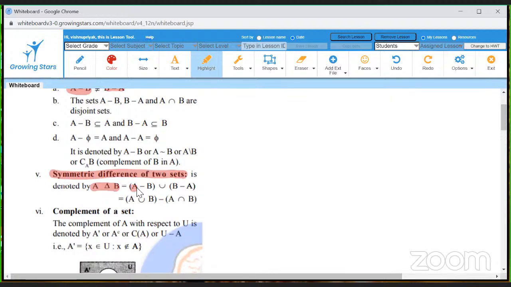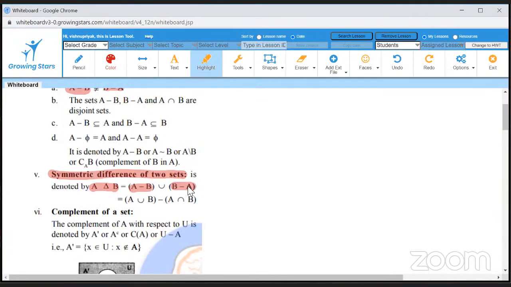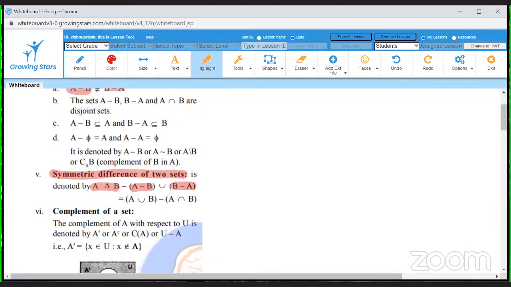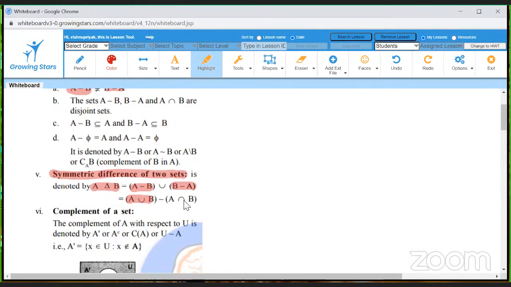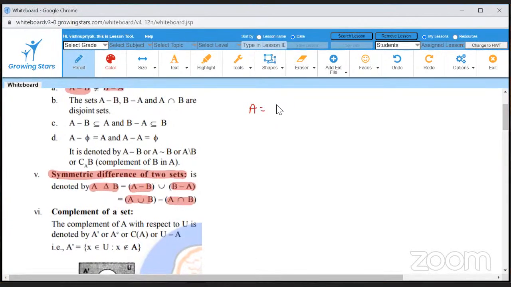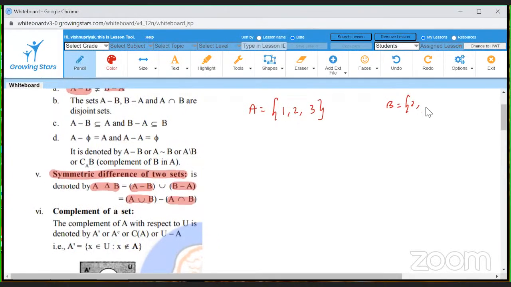You will take A minus B, you will take B minus A, and you will take the union of them, or you will take A union B. From that, you will remove A intersection B. That is also symmetric difference. I'll tell you what that means. Suppose A is 1, 2, 3 and B is 2, 3, 4, 5.